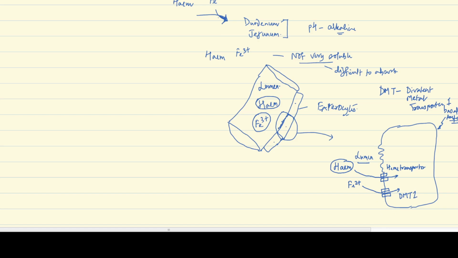But we said it's only the divalent metal ion that can enter here. What we have in the lumen is a trivalent, the oxidized form of iron, Fe 3 plus. There is a clever little enzyme on the surface of the enterocyte, which we call ferroreductase.